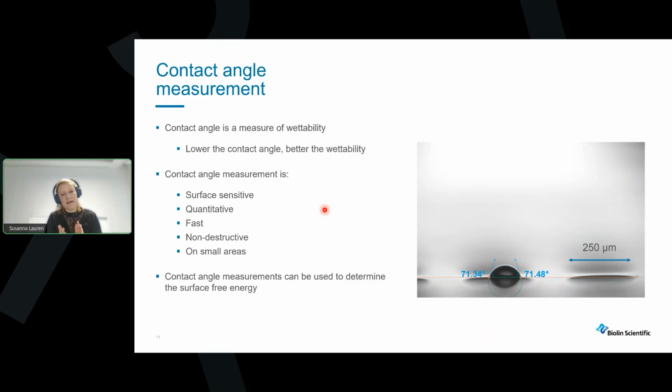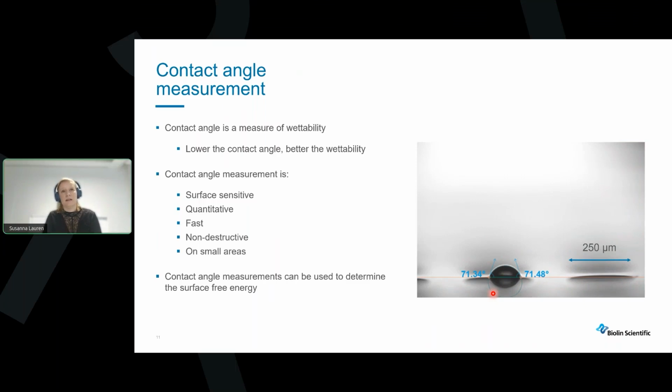It's very fast to perform. It doesn't destroy your surface. And as you can see in the picture here, it can also be used on very small areas. So these are some structures on a surface that are 250 micrometers in diameter. So you can even place a drop of liquid on that small areas.